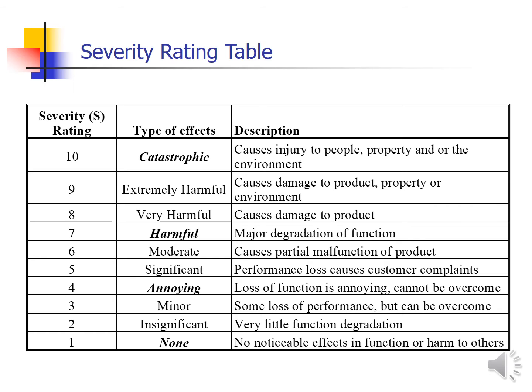Okay, this is an example. Severity rating, number 10 to number 1. Okay, meaning number 10 is the catastrophic level. It causes injury to people, property and the environment.